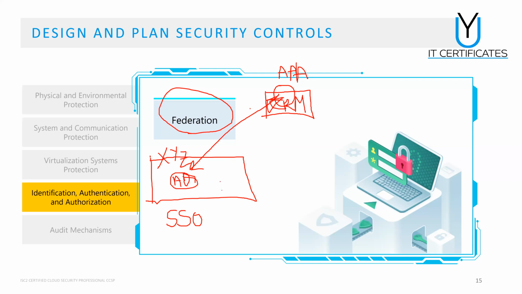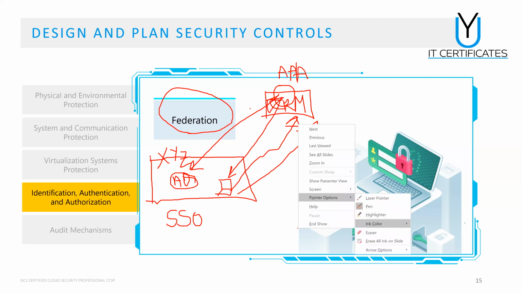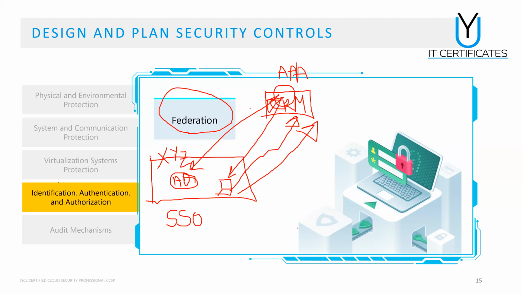Then what will happen? We have a user sitting here in the organization. He wants to access the information for the users on the CRM. He will send a request. Then the server will ask him for username and password. He will send the username and password. Then this server knows that this username and password are hosted in the Active Directory service.